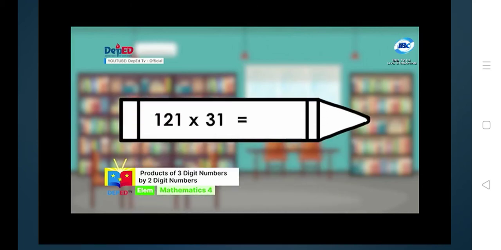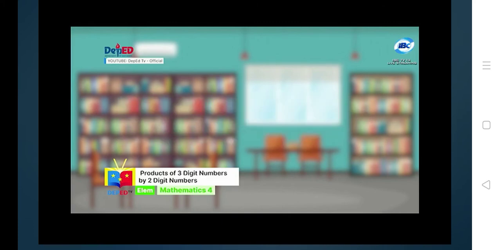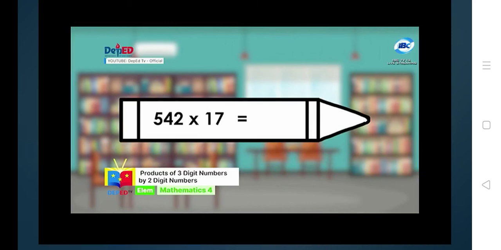Number 2, 121 times 31 is equal to. Number 3, 542 times 17 is equal to.